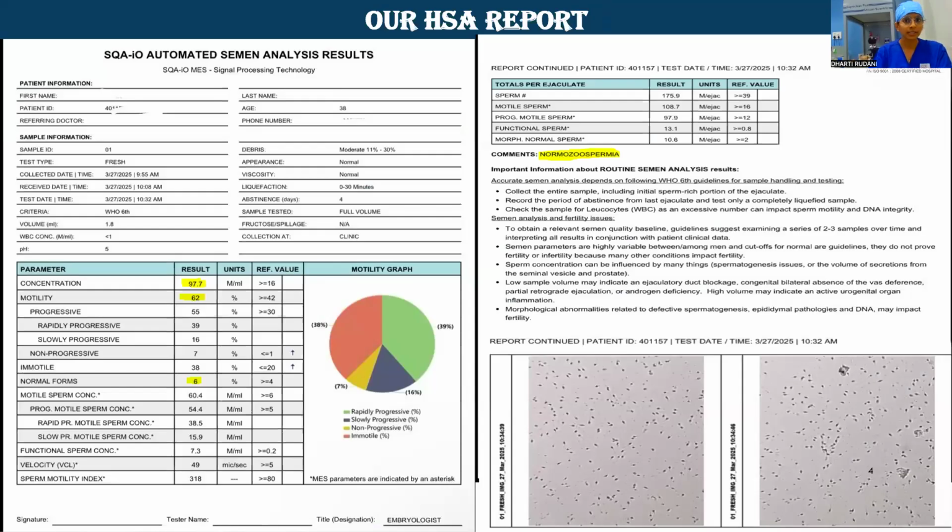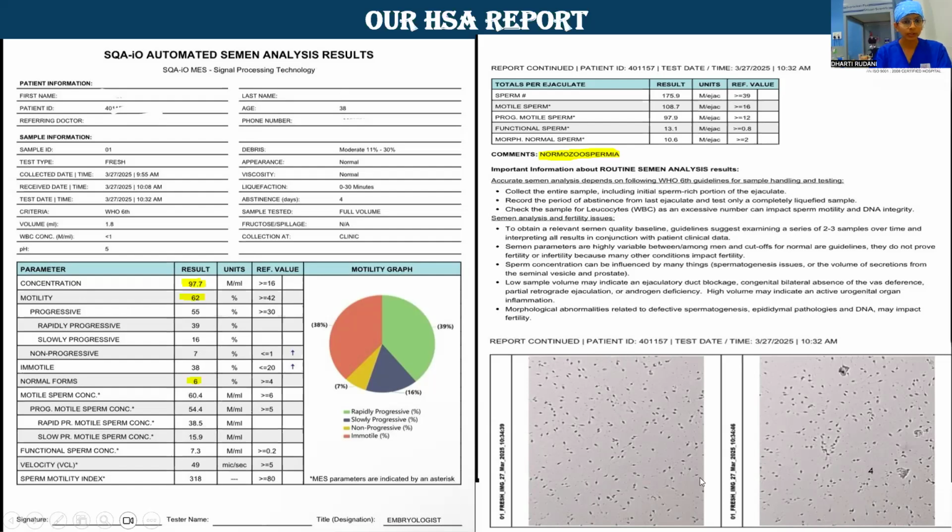This is the semen analysis report routinely used in our laboratory. It includes both macroscopic and microscopic assessment, providing a standardized evaluation of sperm quality. We can understand semen parameters like concentration, motility, and normal forms.